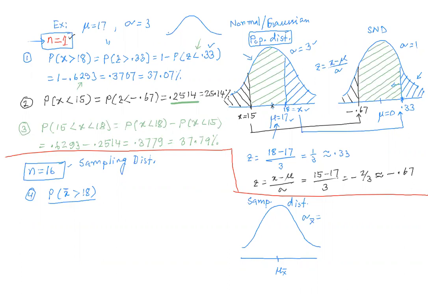Yes, that square root. Yeah, that's further down, but I just want to get the answer to this. How do I find mu sub X bar and sigma sub X bar?